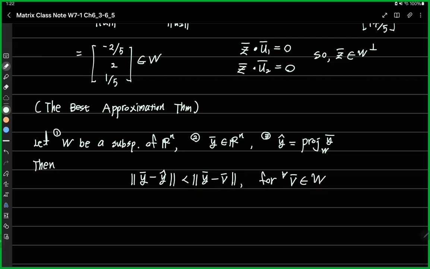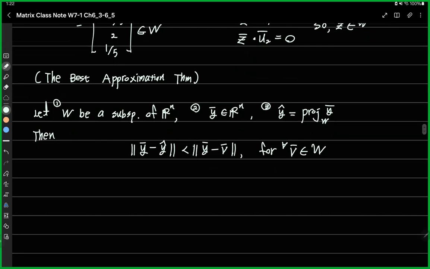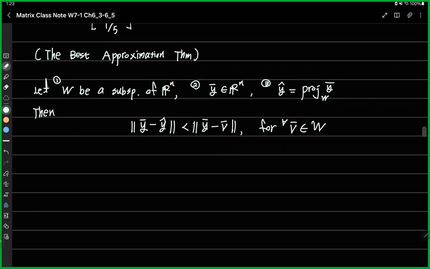Okay, so which means that the vector Y hat is the best approximation to Y by elements of W. What does that mean?